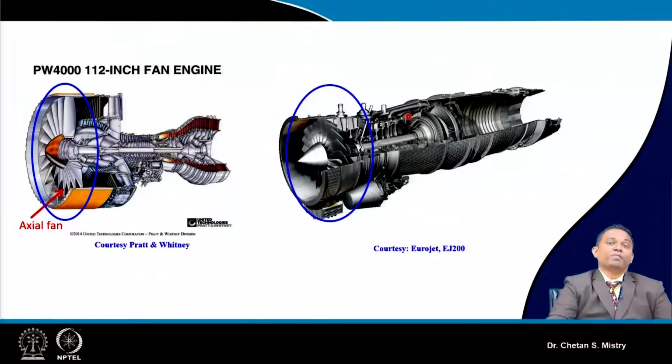So it is not only aero engines where this transonic flow nature is coming. Nowadays, with the development of technologies and the expectation in the sense of power generation, many land based power plants are also having a transonic kind of configuration for the compressor.